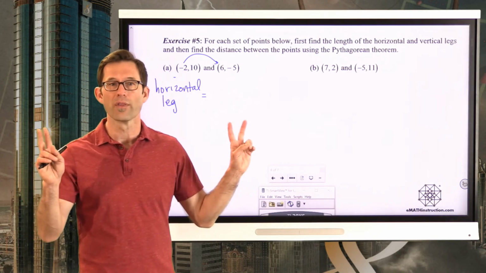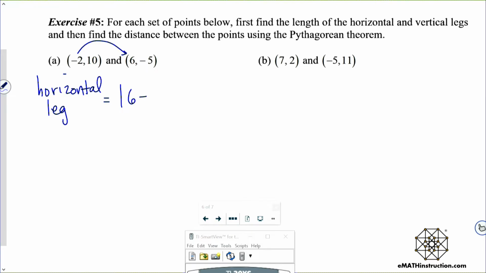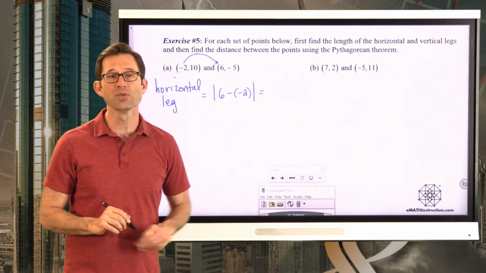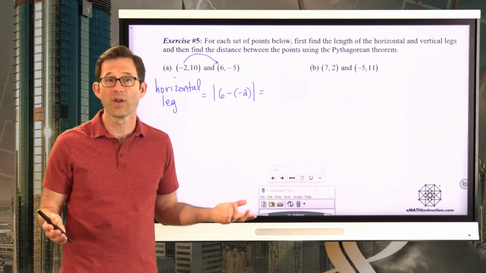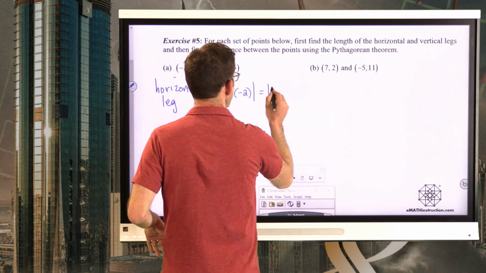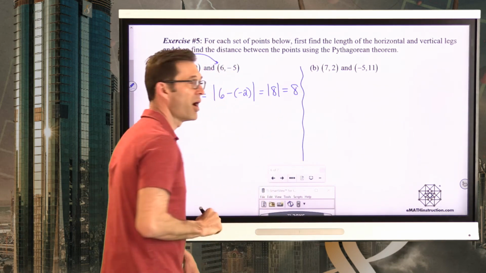Now, if I want to do it with a formula, this is what I would do. I put some absolute value bars. I do 6 minus negative 2. The only reason I've got the absolute value bars here is in case when I subtract, I get a negative number. In this case, I won't, because 6 minus negative 2 is positive 8, and the absolute value of positive 8 is just positive 8.